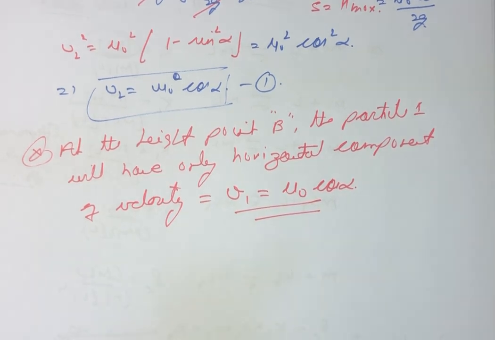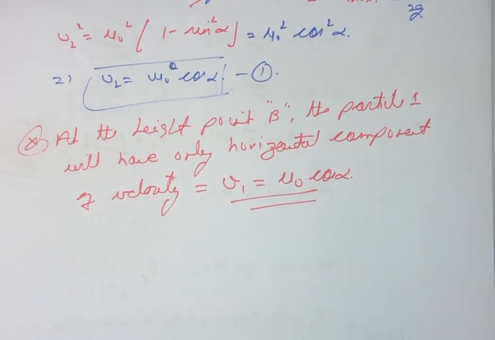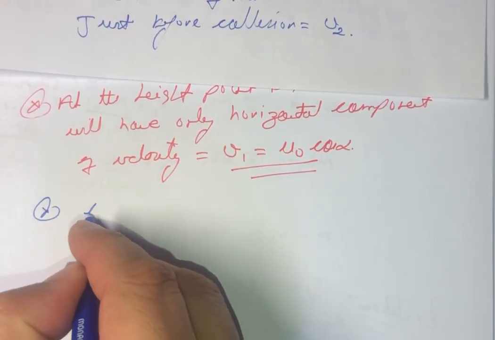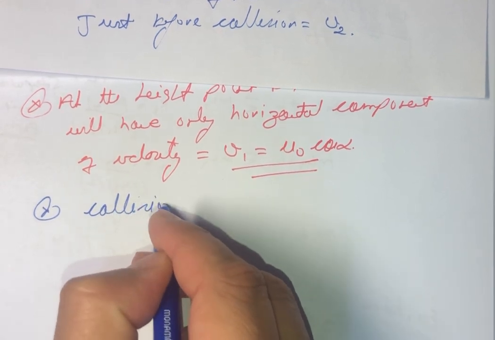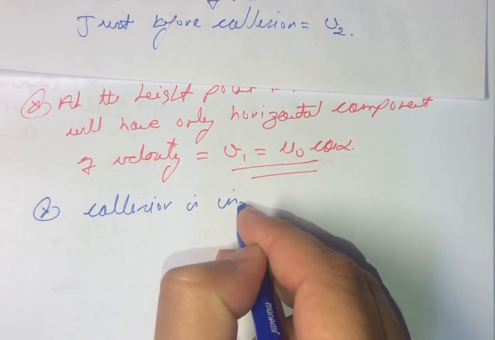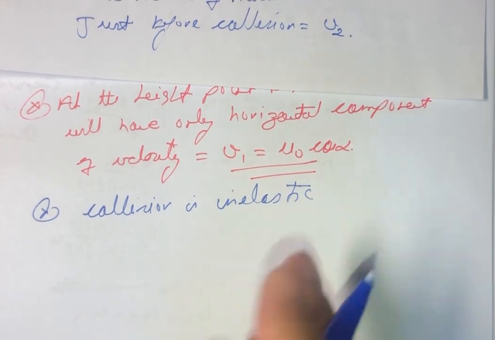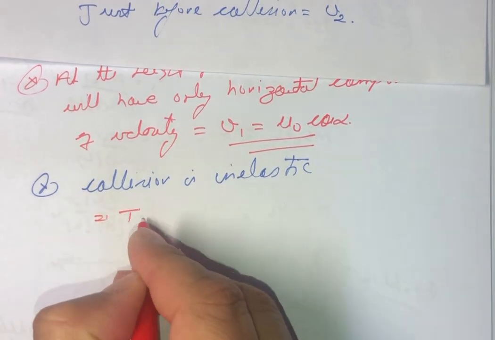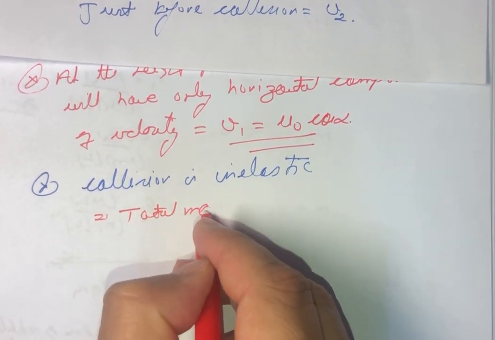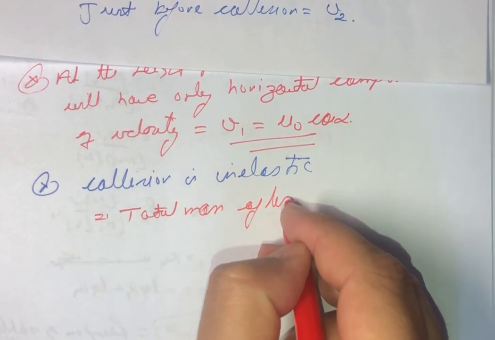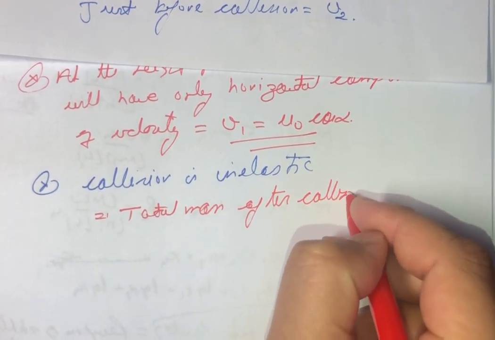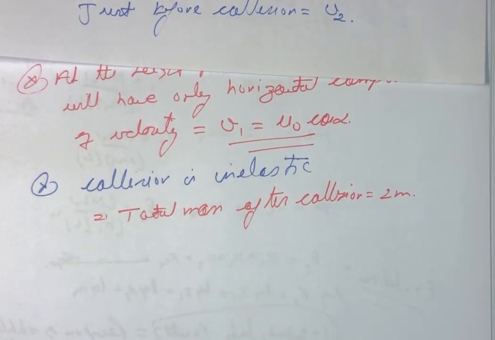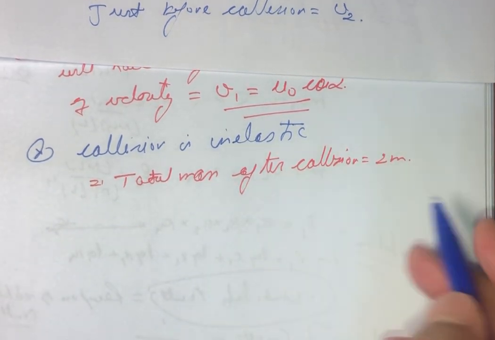Now it is given that the collision is inelastic, therefore the total mass after collision will be equal to 2m. So we can draw the figure.